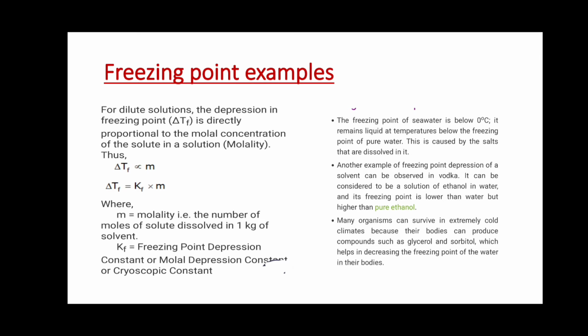So seawater at 0 degrees remains liquid because seawater contains non-volatile solute particles such as salts. So below 0 degrees Celsius seawater is in the form of liquid. This is the best example of depression in freezing point by the adding of salts.